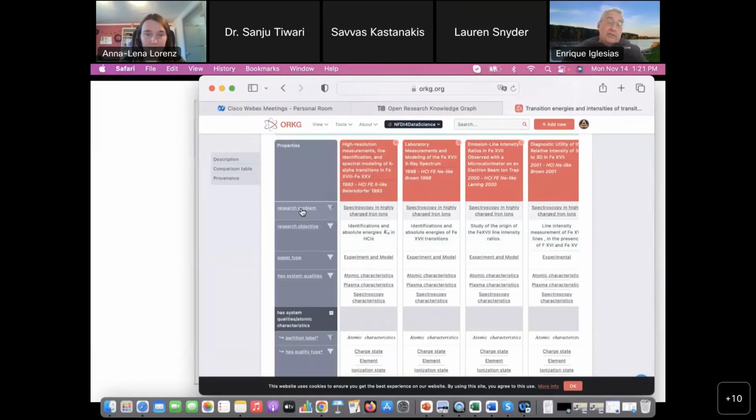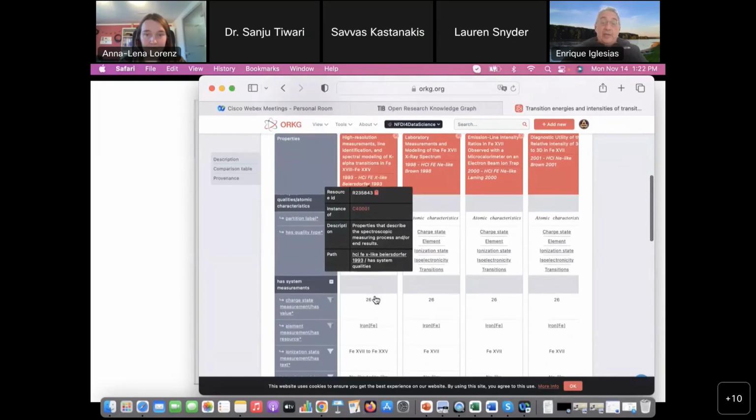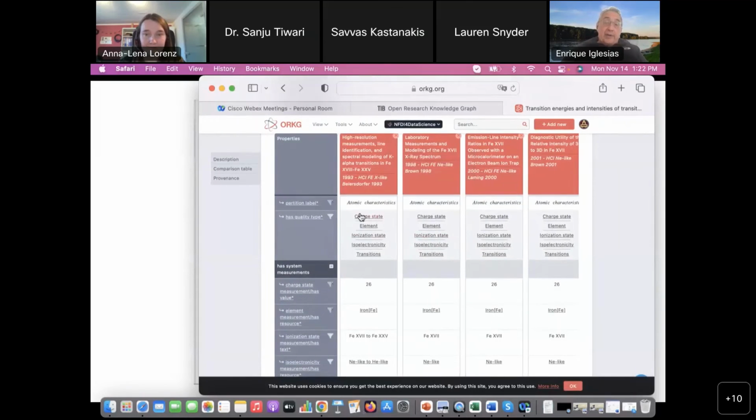So this is for a research program objective and what type of paper or publication we're talking about. Here are our three trees of decision: atomic characteristics, plasma, and spectroscopy. And that's very nicely separated in the comparison.